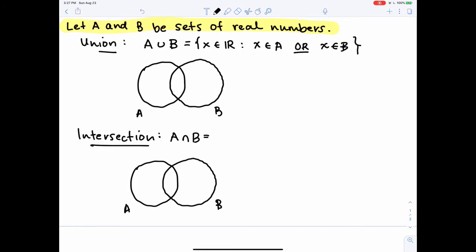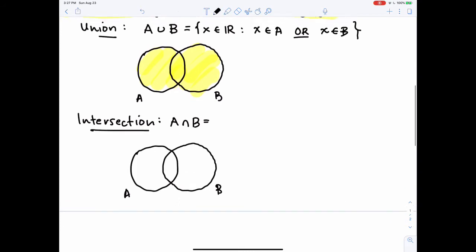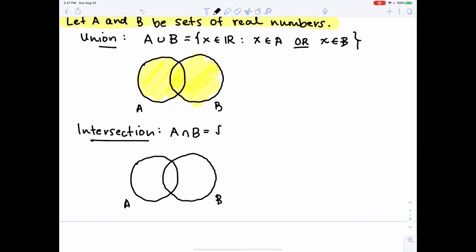So if you want to think about it as a Venn diagram, it's just going to be anything that lies in either of these circles. And then intersection takes all the values in A and in B that are in common. So it's going to be x in A and x has to be in B. So they must be in both sets. So it's only this region here.